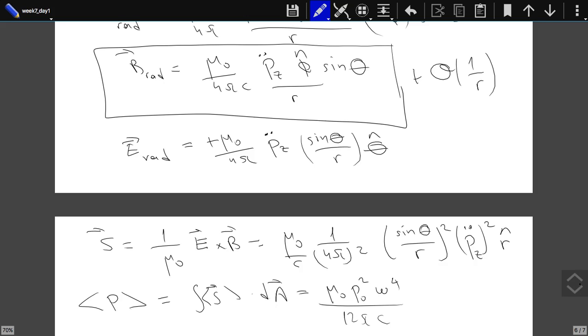This sine theta behavior tells me that if the charges are oscillating in this direction, they are not radiating in the plus z or the minus z direction, but they will be radiating perpendicular to the z direction. So sunlight is coming, it hits these charges over here, it causes them to oscillate up and down, and due to these oscillations, the energy in the incident sunlight is scattered in the perpendicular direction.